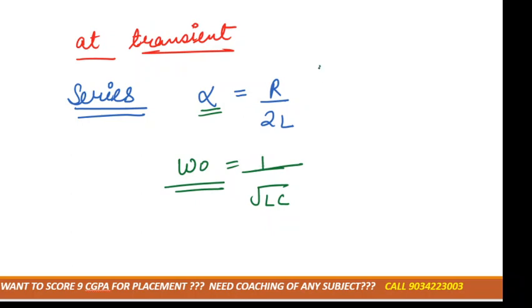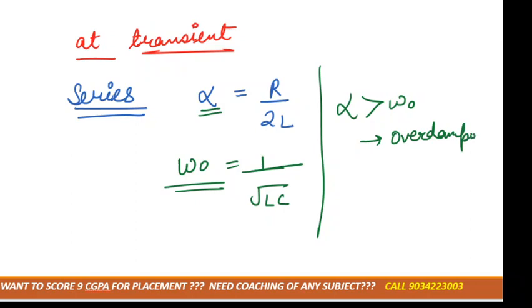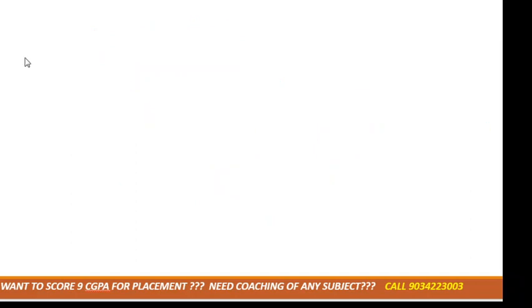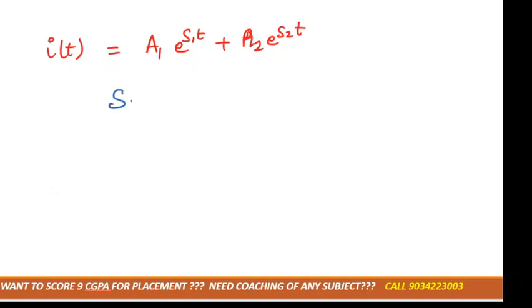As I told you, if alpha is greater than omega naught, then this is the case of overdamped. And for overdamped we have one equation for the current i(t), that is A1 e raised to power S1t plus A2 e raised to power S2t. But for this we need S1 also.